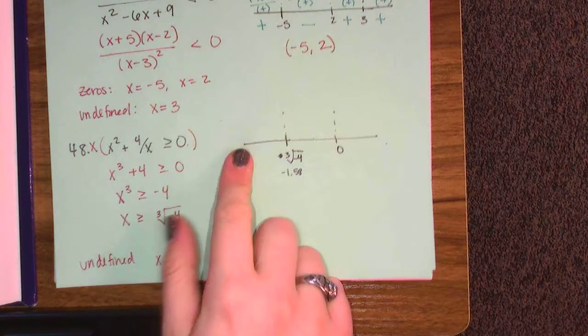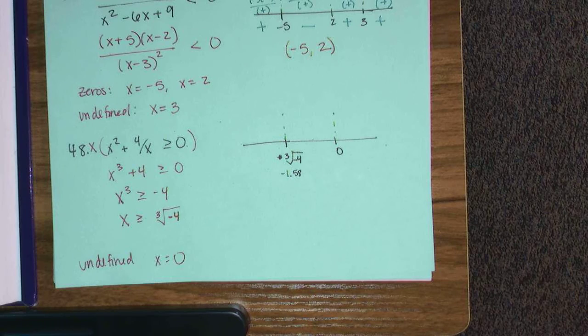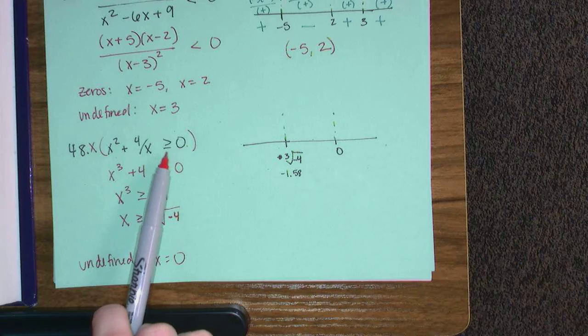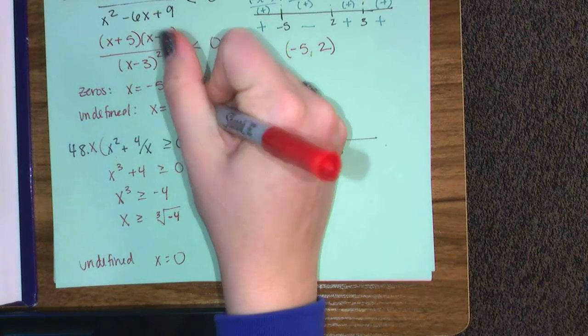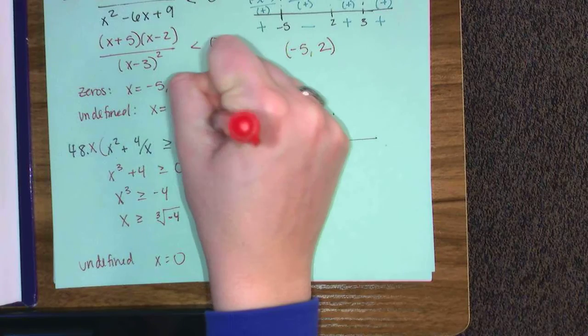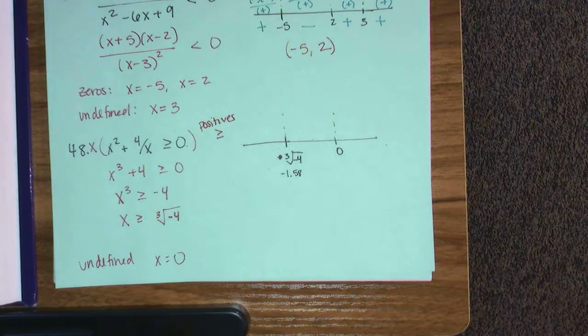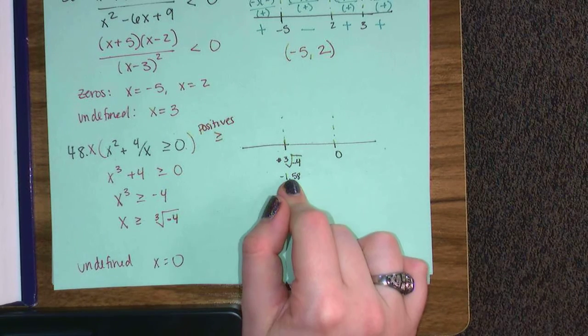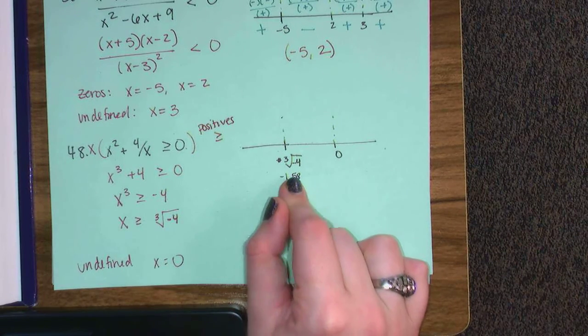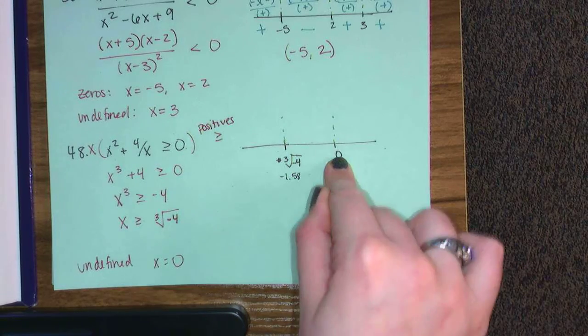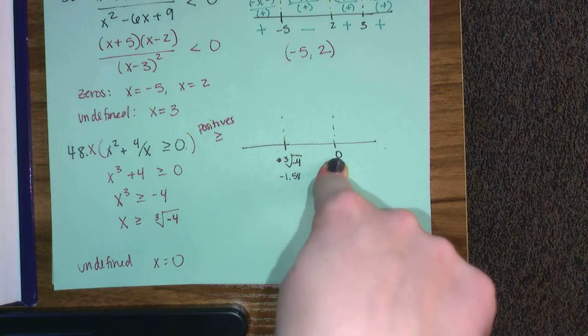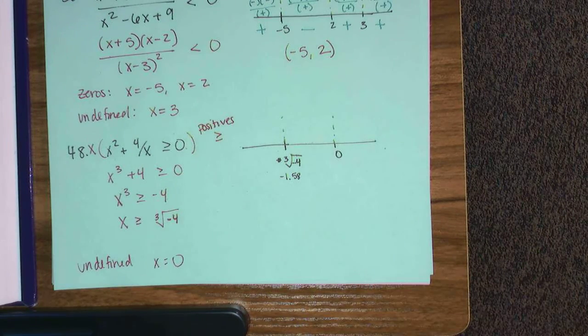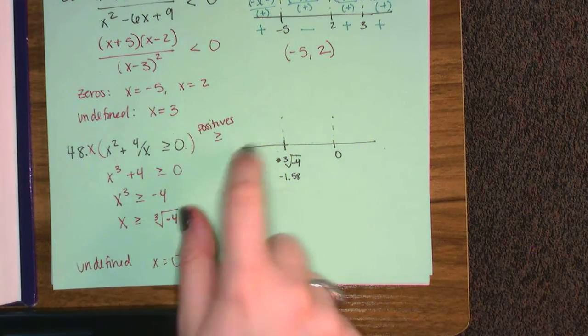Alright, so we need to check each spot, and what values are we looking for? What values do we need for this problem? Okay, positives. Okay, and if it involves this point, I'm including it, because it's greater than or equal to. If it involves this point, I do not include it, so it would be parentheses, because this is undefined here, okay? So I'm looking for positives, so let's fill in the chart here.